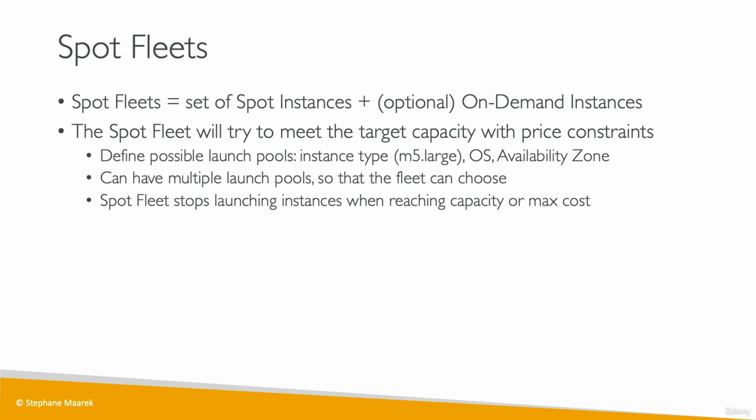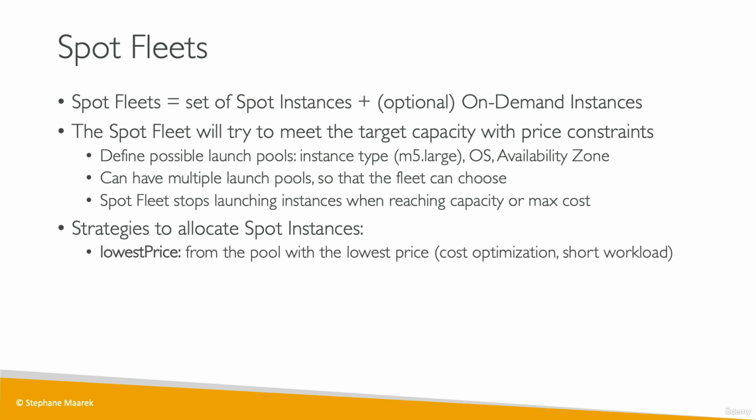And when your Spot fleet either reaches your budget or reaches the capacity you wanted, then it will stop launching instances. And so you define a strategy to allocate Spot instances in your Spot fleet, and that's something to remember. The first one is lowest price, and that's going to be the most popular one going into the exam, which is that the Spot fleet will launch instances from the pool that has the lowest price, and that gives you a lot of cost optimization, and this is a great option if you have a very short workload.